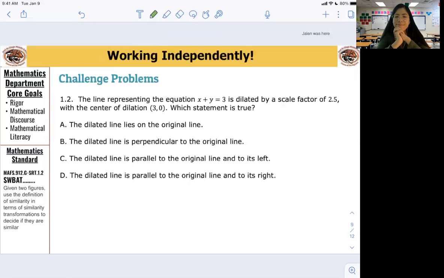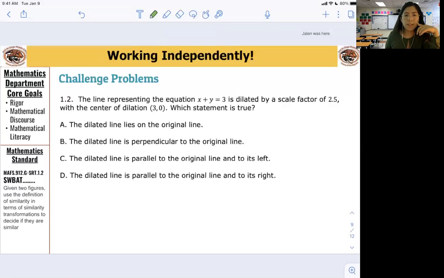Dr. Lopez. All right, 5, 4, 3, 2, and 1. Okay, I'm not going to share the answers yet.